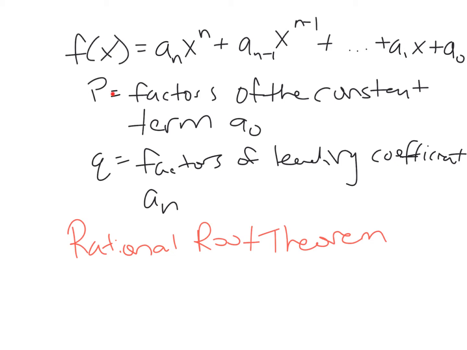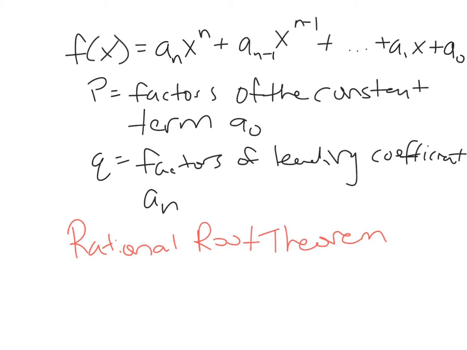We are going to be talking about p and q, okay? P refers to the factors of a sub 0. A sub 0 is the constant, the one that doesn't have any x attached to it. The q's are the factors of a sub n. Okay, a sub n is the leading coefficient, meaning the term in front of the highest power. Sometimes it's 1. It's nicer when it's 1 because it makes our lives easier with this problem.